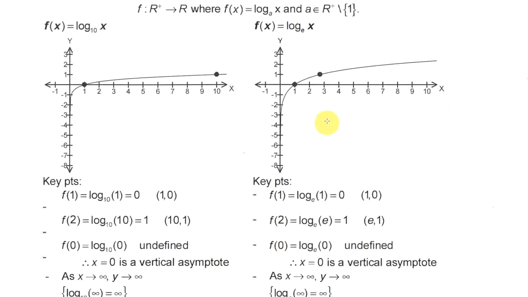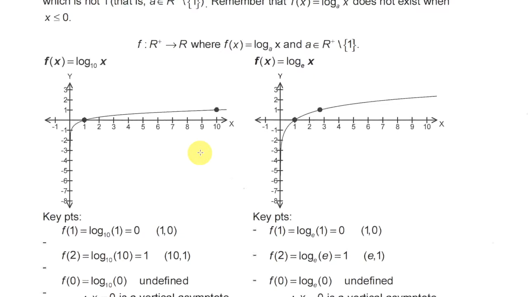You'll also notice that we don't get any negative x values in both. As x increases, y increases. So as x approaches positive infinity, y approaches positive infinity. As x gets closer to 0 from the positive side, y will be getting closer to negative infinity. And we have vertical asymptotes at x equaling 0 for both graphs.